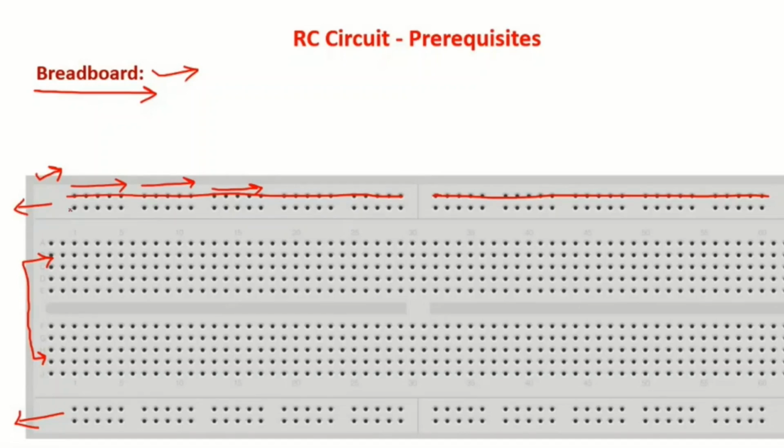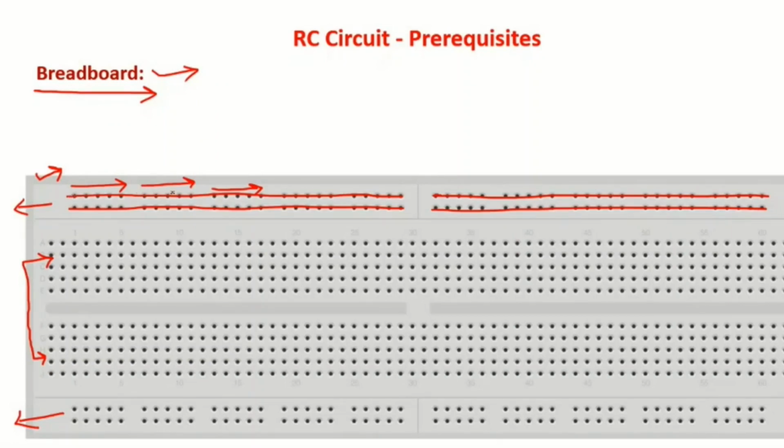Similarly, the second row of horizontal holes also is connected to each other. So this is the property. And look at this: the vertical holes are not connected to each other. That means these two horizontal rows of holes are different.